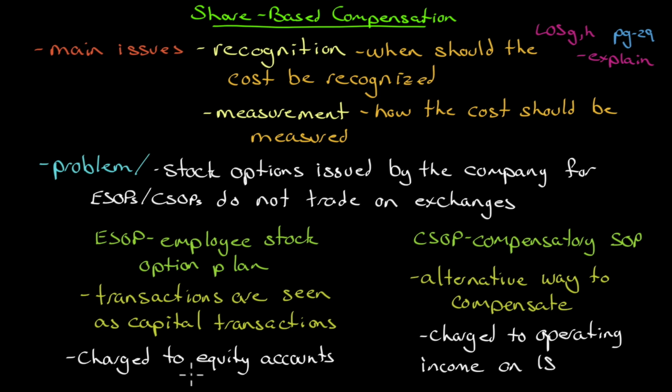They don't show up in operating income because they're not part of your compensation. They're just an extra benefit for being part of a company, and it's a great way for a company to continually raise money because if you exercise your options, you've got to pay the strike price to the company, right? So for the compensatory stock option plan, since it is an alternative way to compensate, it's charged to operating income.